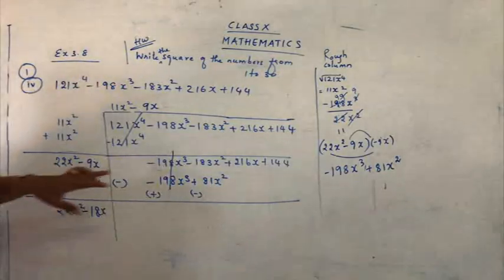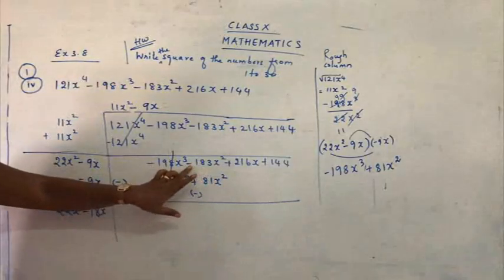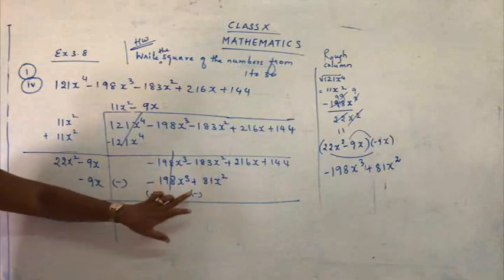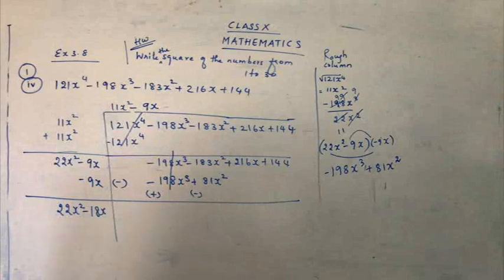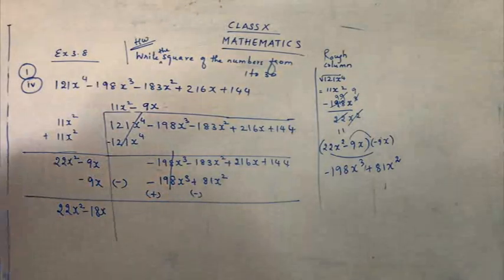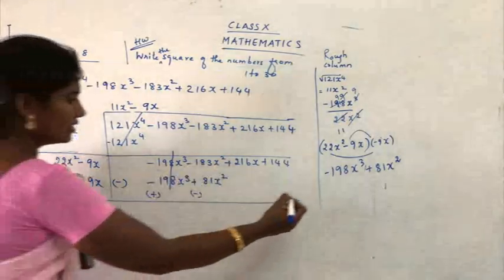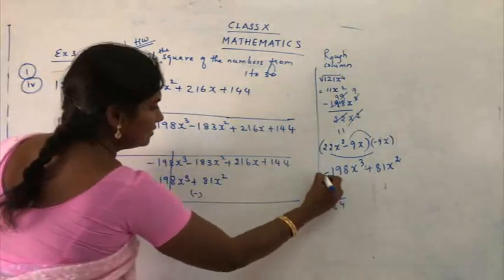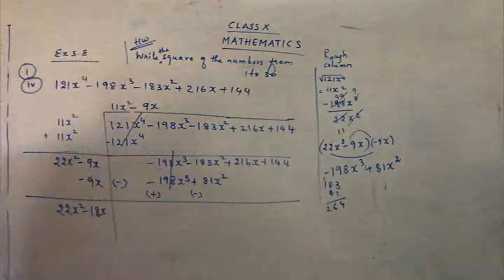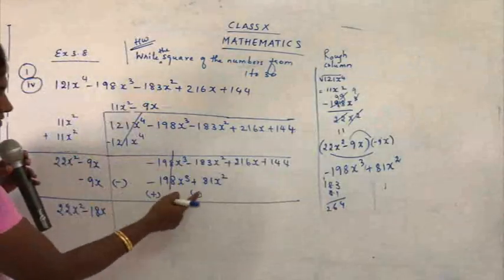Now let's simplify the remaining part here. Minus 183 minus 81. So what is the answer? When you add these two, what do you get? It's minus minus. So I'll just do the rough work here. 183 and 81, 264. Sign is minus because both the signs are minus.